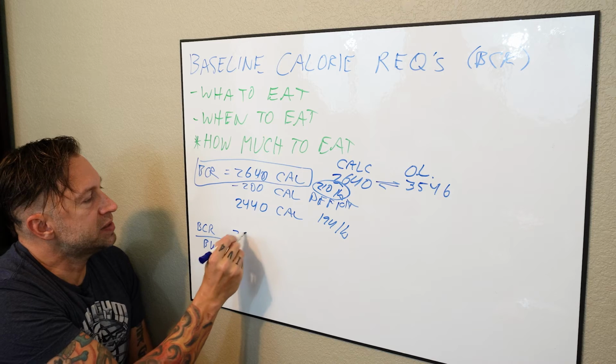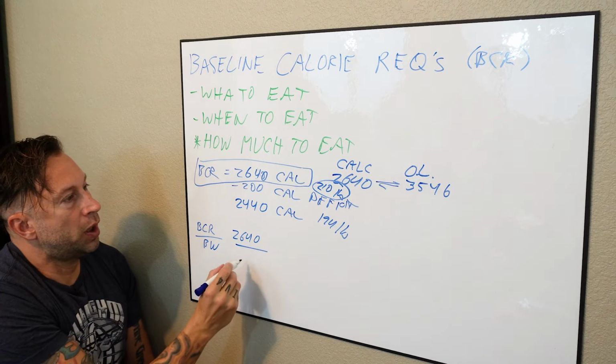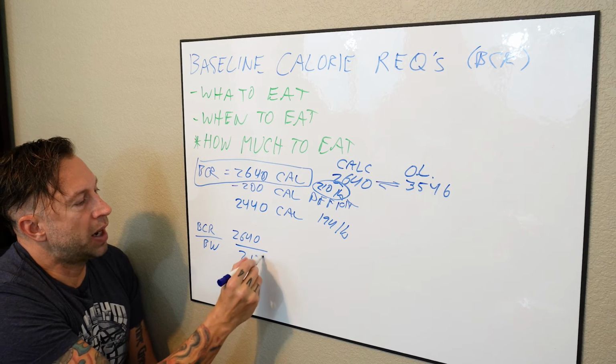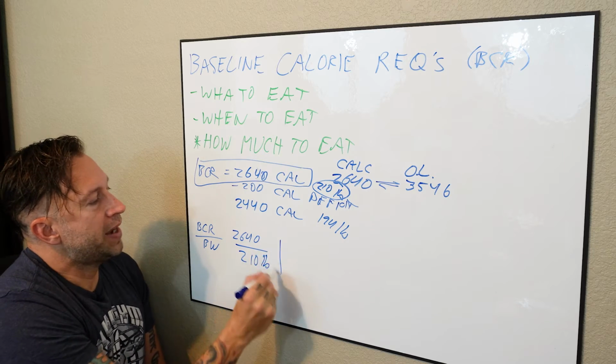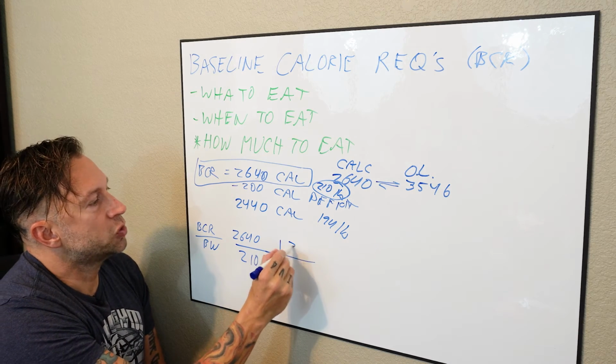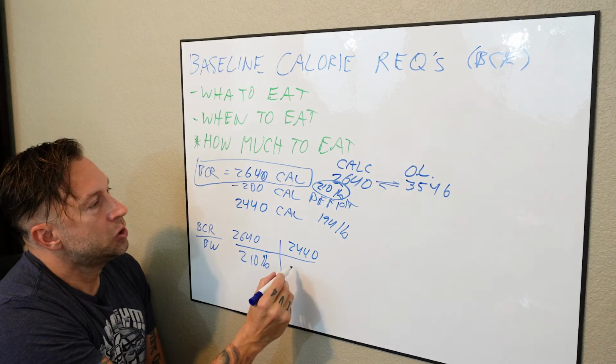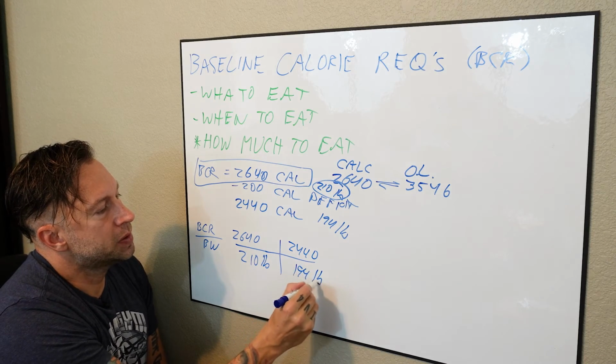So if I have 2640 for 210 pounds, that's going to be the same ratio as 2440 to 194 pounds. So how do you handle it when you do lose weight? Do you have to go through and repeat this massive 1 month of data tracking and calculation again? No, you don't actually have to do that. As long as your exercise or activity level stays the same, then you can use this ratio for recalculating.